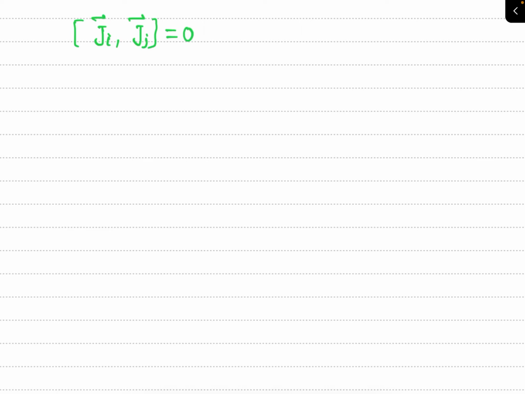Here actually the particles are different, so you can say that i is not equal to j, because we are considering different particles.